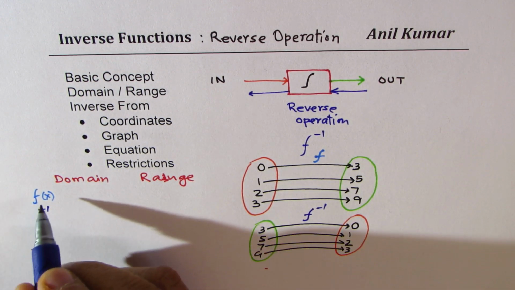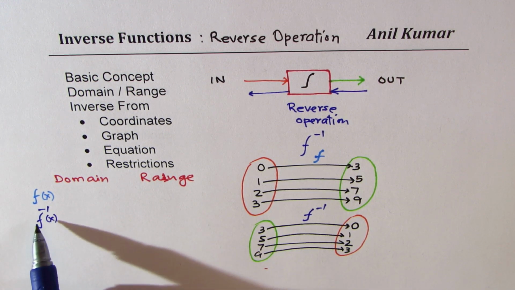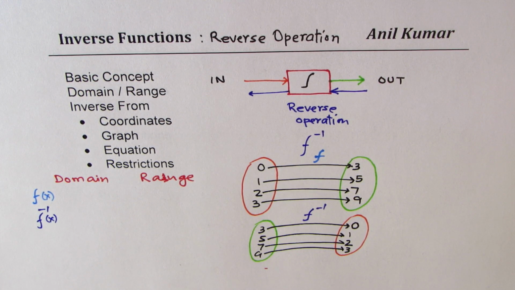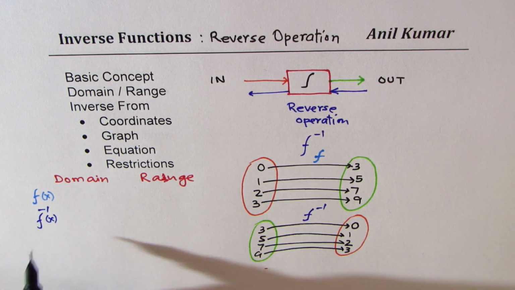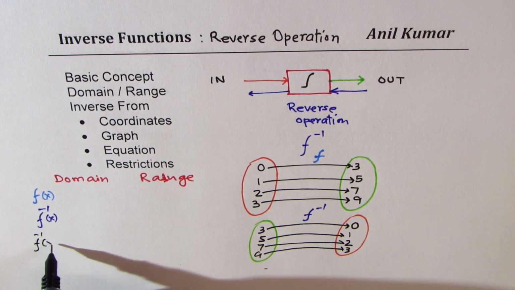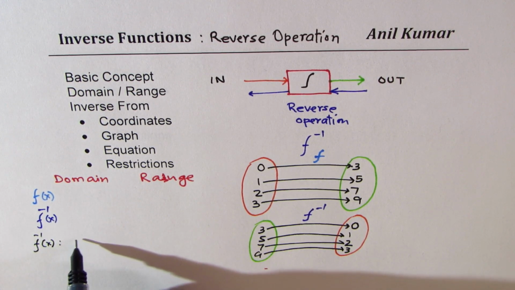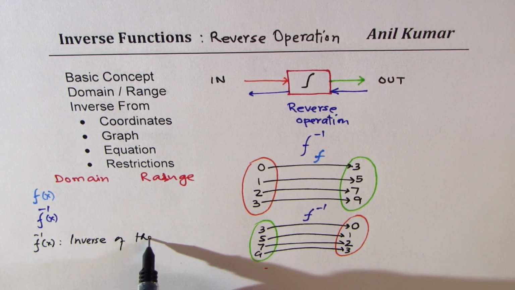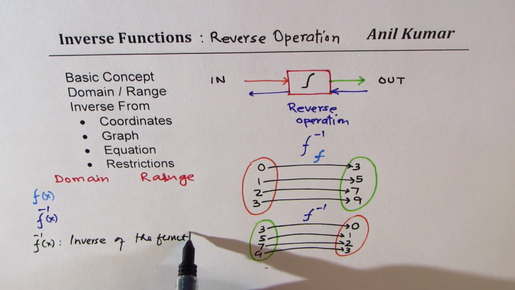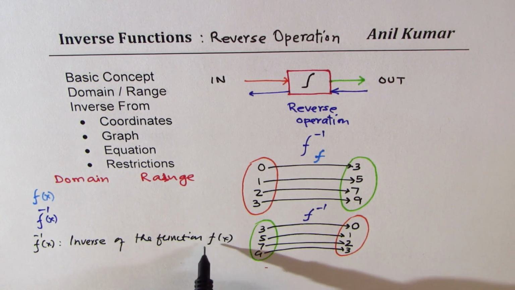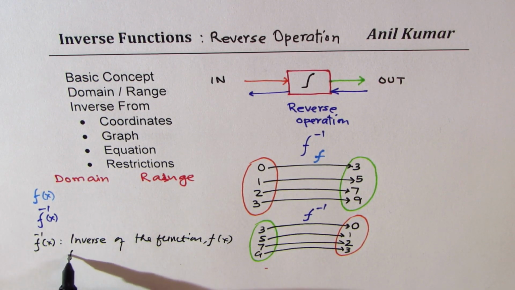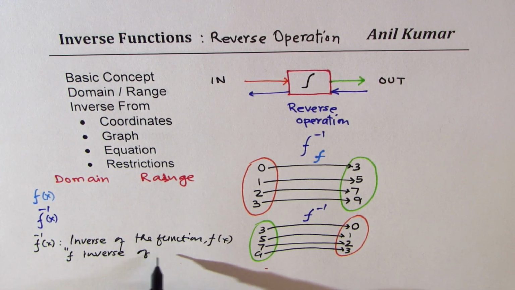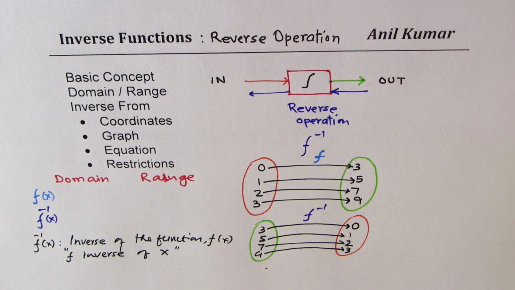In that case, the inverse of this function will be written as f inverse x. That is how it has to be read.